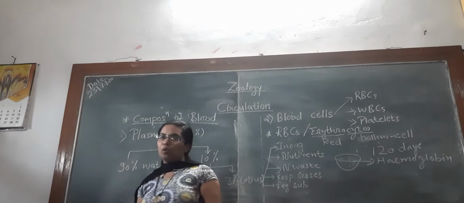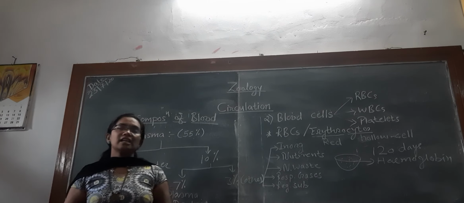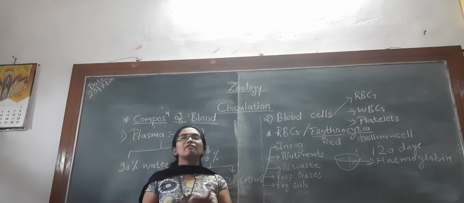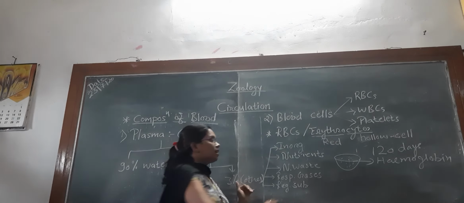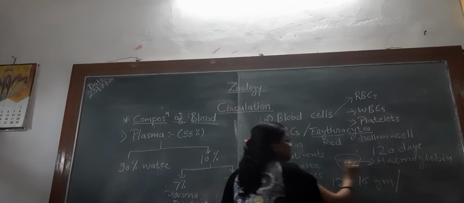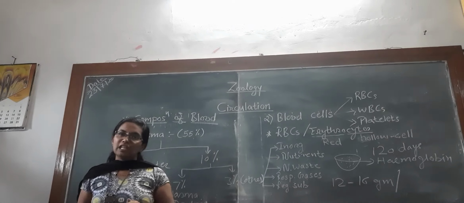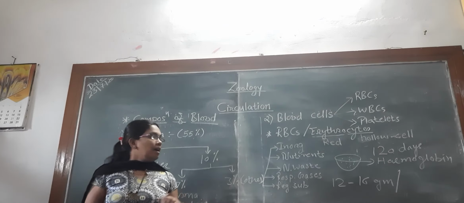Again, the hemoglobin level is somewhat different in the male and female body. In males it is 12 to 16 gram per 100 ml, and in females it is 11 to 15 gram per 100 ml.